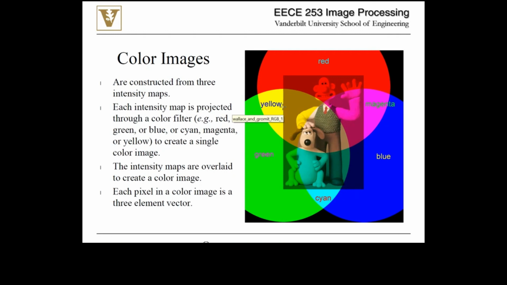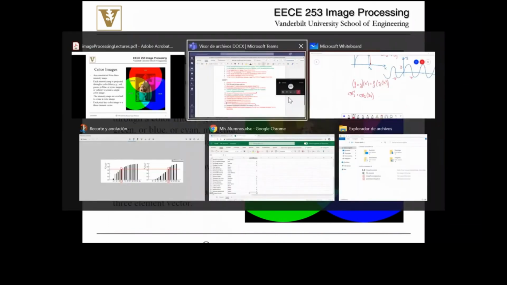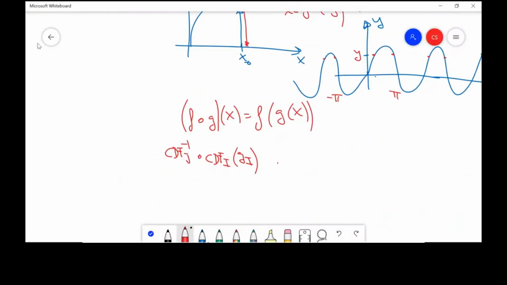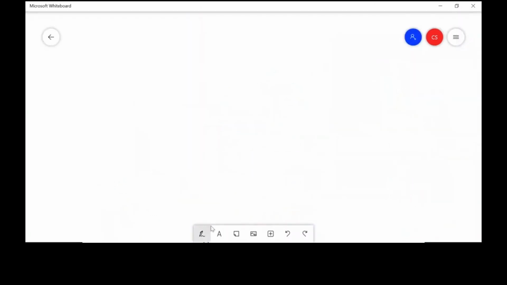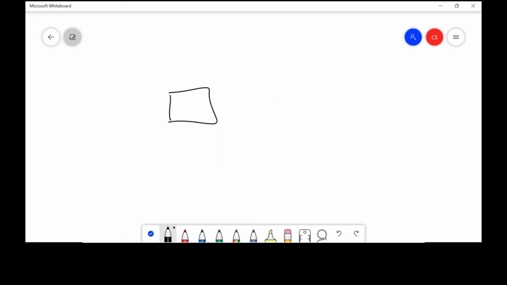And then my eye will see it as yellow. But in fact, on the same point I have 2 different wavelengths. Let's say that this is the spectrum.